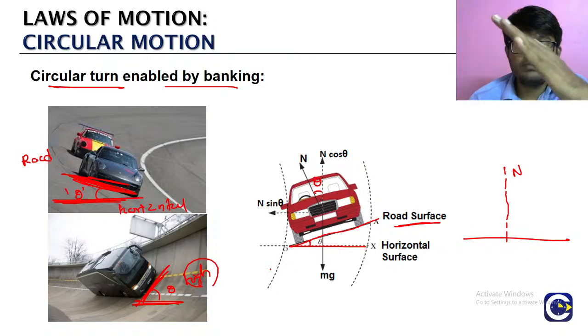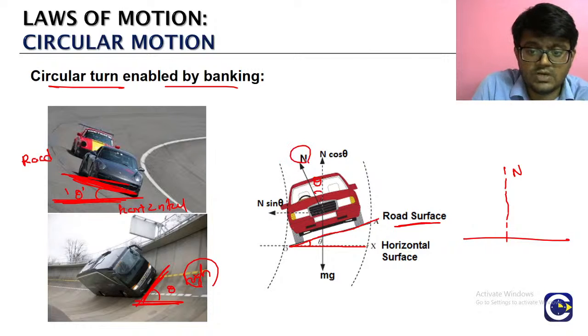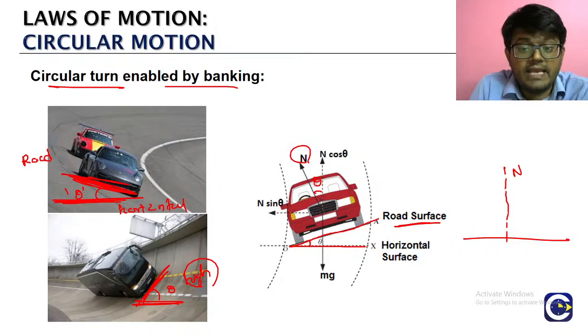Initially, if the road is horizontal, normal reaction is vertical, right? If you tilt the road by theta, normal reaction also will be tilted by the same angle theta. You can see here, this is how normal reaction will be, making the same angle theta with the vertical.